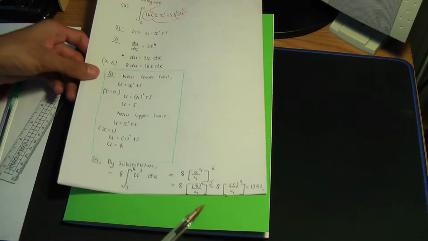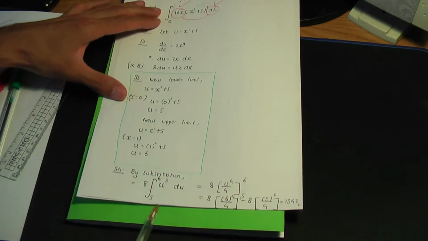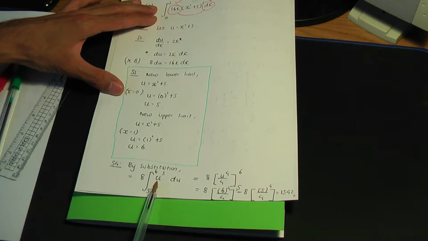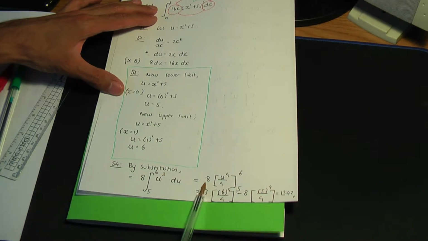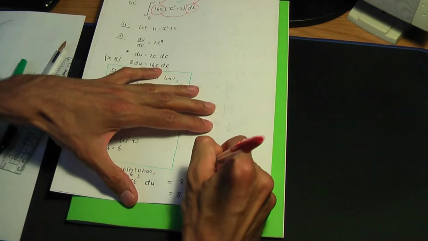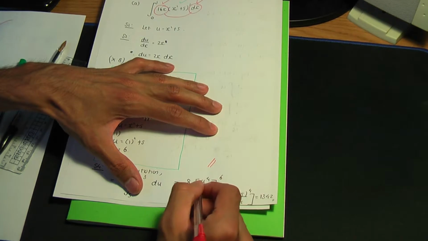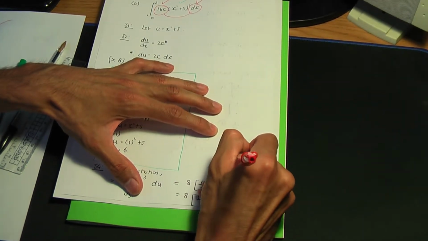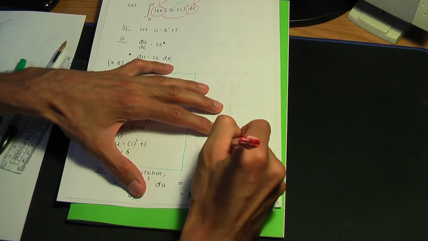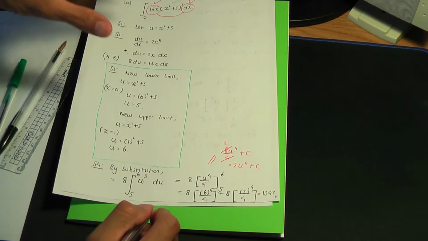So that is the extra step. Another way that you could do this is to write your answer. When you integrate 8 outside, u cubed with respect to u, that is 8u to the 4 over 4 plus c. If you don't calculate these limits, there is another way. You have 8u to the 4 over 4 plus c, and 4 will cancel with 8 twice, giving you 2u to the 4 plus c.